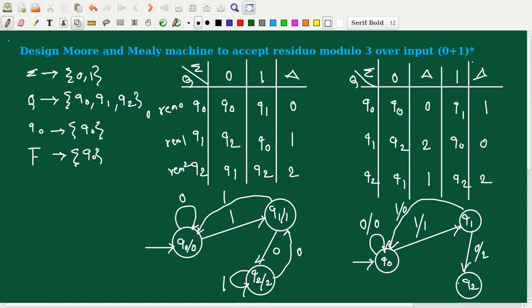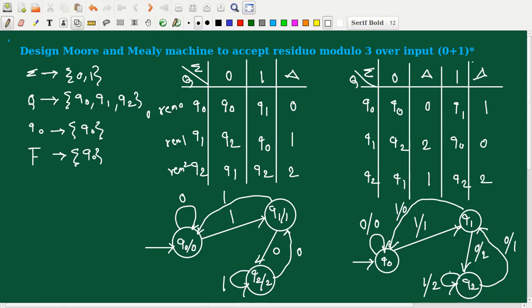Then Q2 with input 0 is going to Q1, and the output associated with it is nothing but 1, okay, as it is given in the table. And Q2 with input 1 is going to Q2, and the output associated with it will be 2. So this is the state transition graph for this Mealy machine.